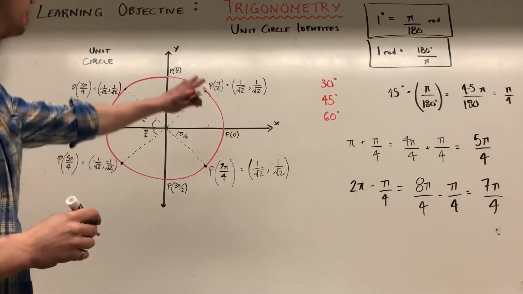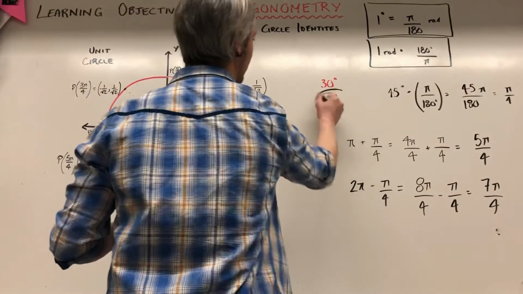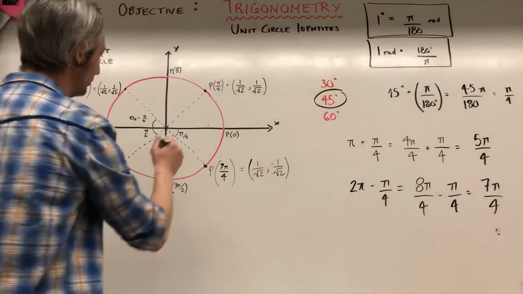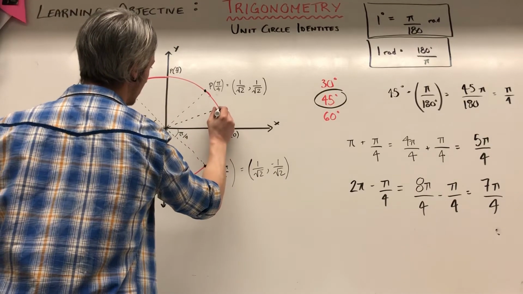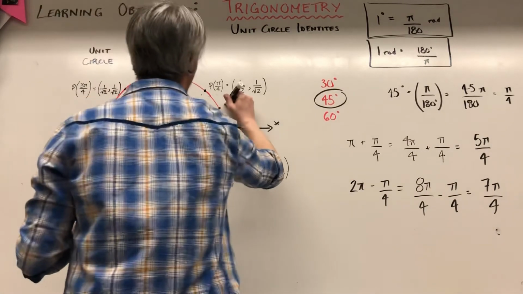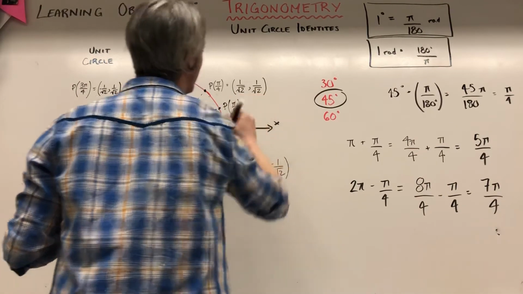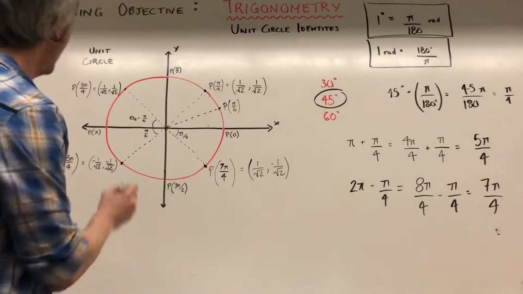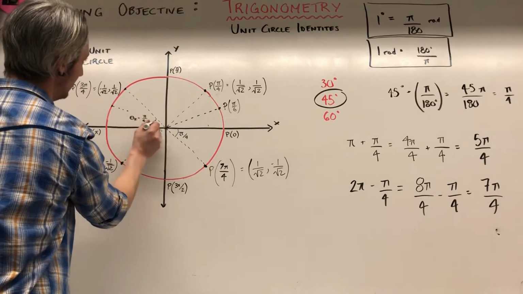Okay, so that's one important angle around the circle. It's 45 degrees. The other two are pi over 6, which is my 30 degrees. And that's going to show up everywhere else on the circle as well.